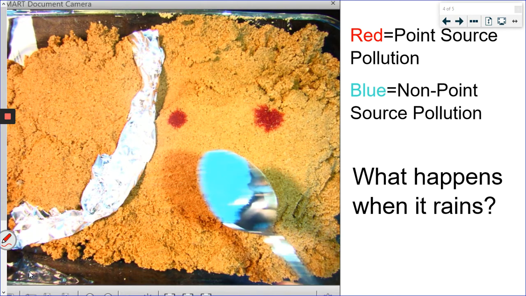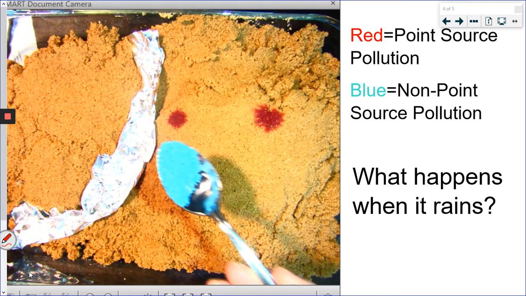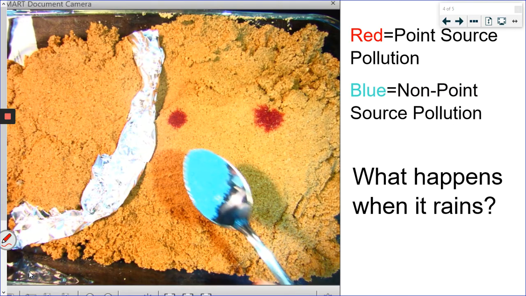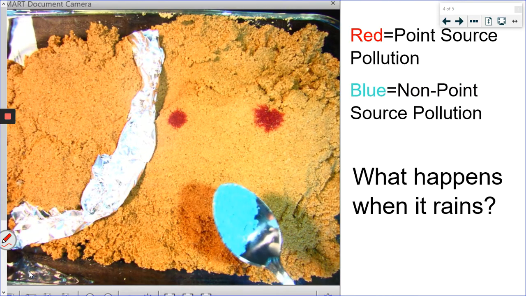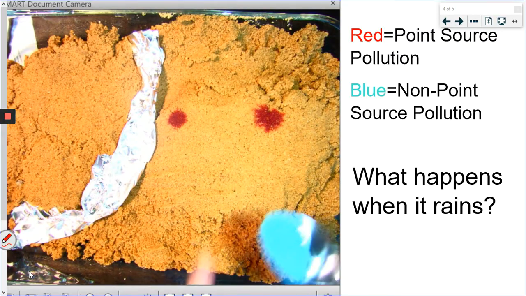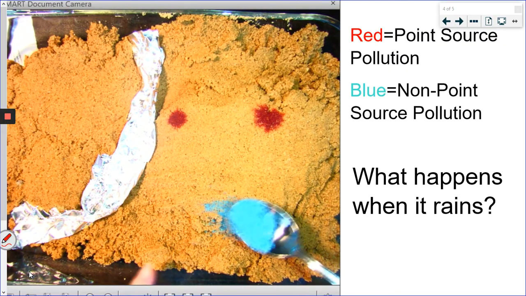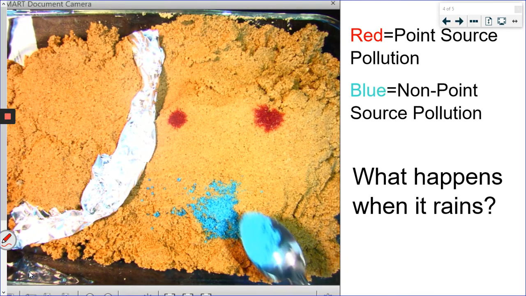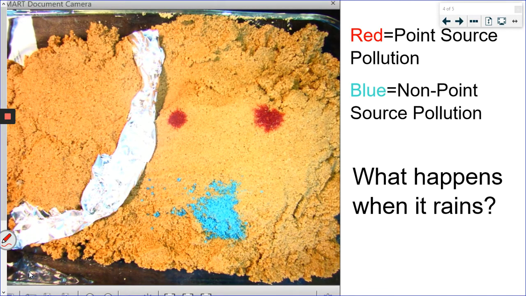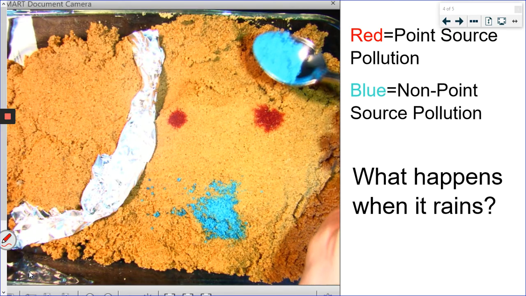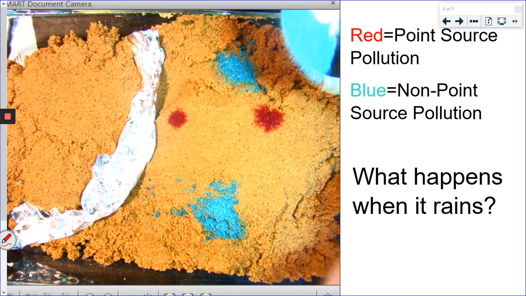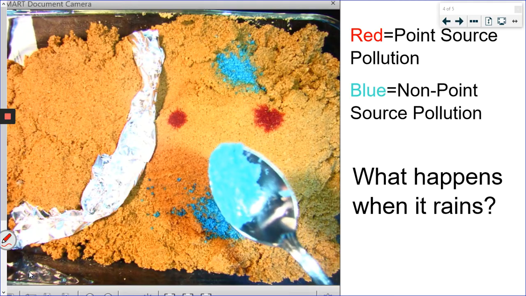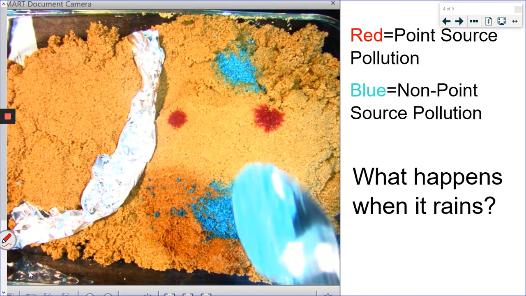So I'm going to use this blue to demonstrate non-point source pollution. So maybe over here we have a farm, and you've got lots of cows and lots of manure. Maybe over here you have a cornfield.